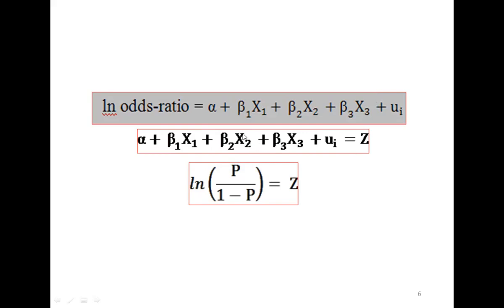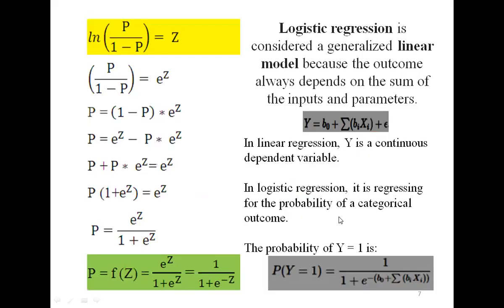So instead of having to deal with the entire model, we can simply say the entire regression model is equal to Z. So we are simplifying it. Log of P upon 1 minus P equal to Z, because this Z represents the entire regression specification. Now you see, the probability is a function of Z. What is Z?